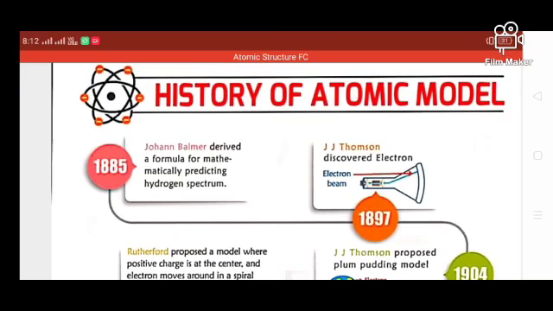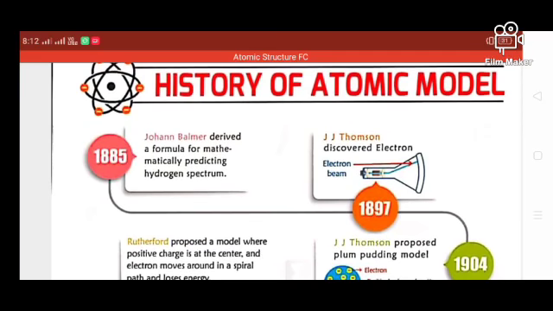So Johann Balmer derived a formula for mathematically predicting the hydrogen spectrum in 1885. So for the first time, Balmer derived a formula mathematically for predicting the hydrogen spectrum.